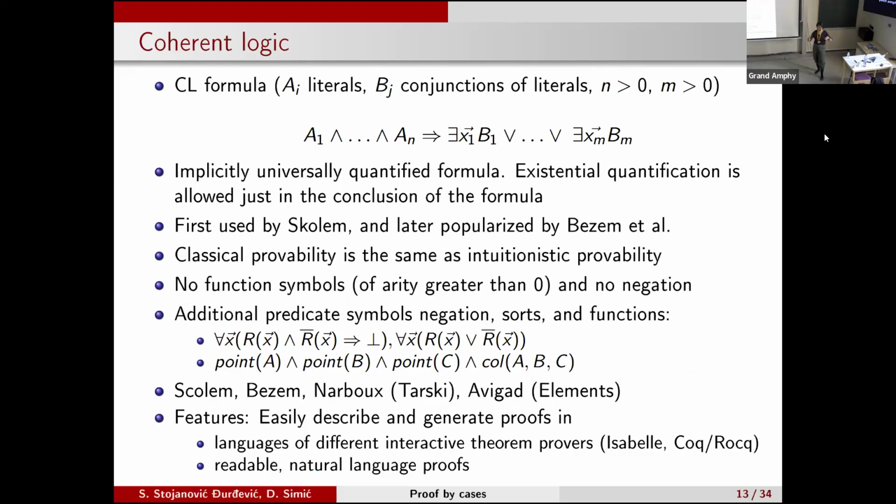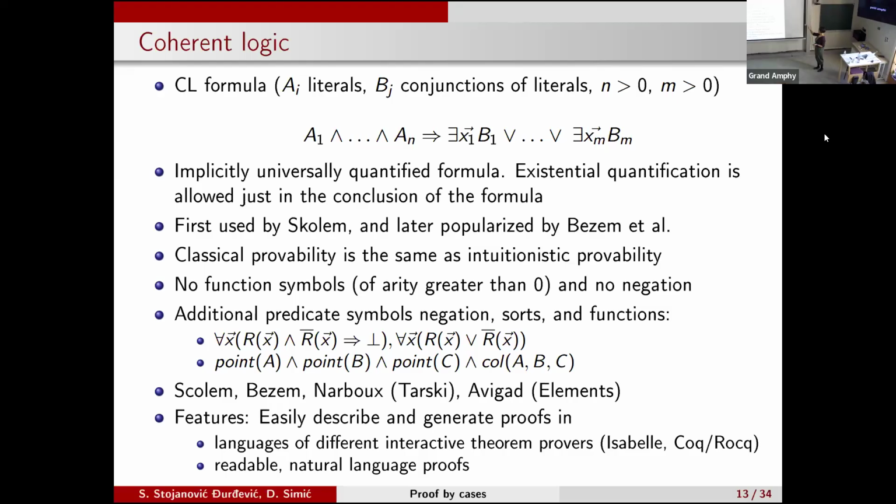You have some objects present in the diagram or in your proof, and then you either infer some new relations over the existing objects, if you don't have existential quantification, or, if you have existential quantification, you introduce new objects to your diagram, if you're drawing it, or to a proof state in an automated theorem prover. The formula is implicitly universally quantified.